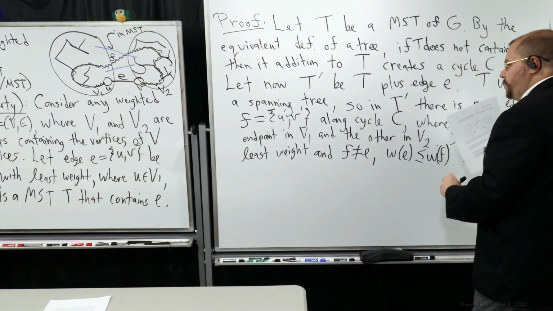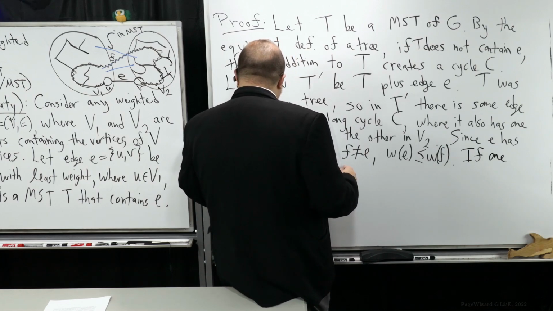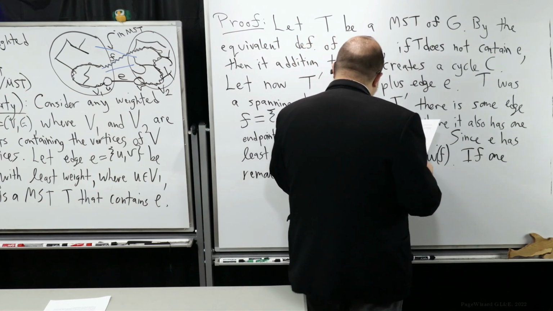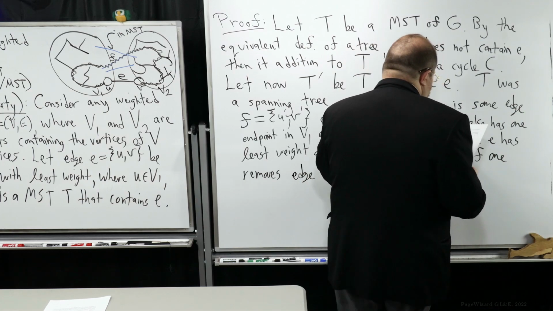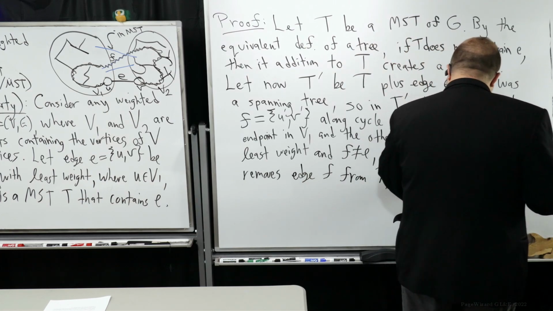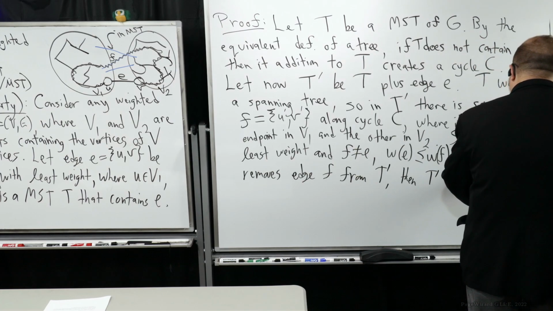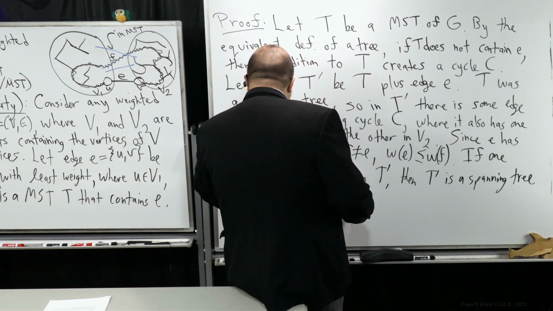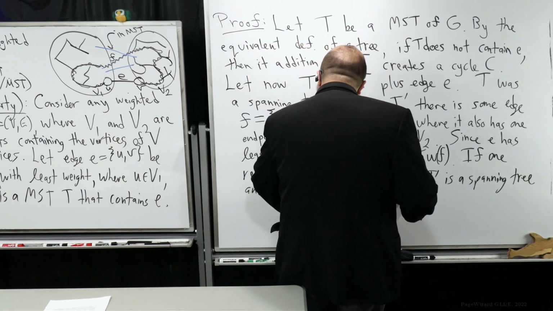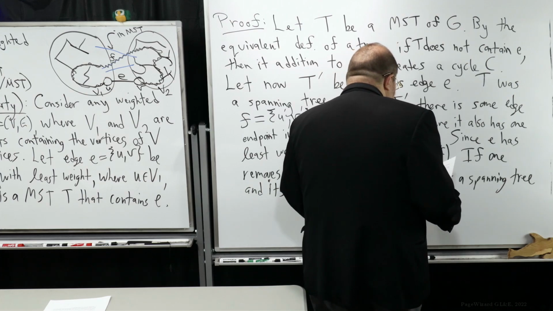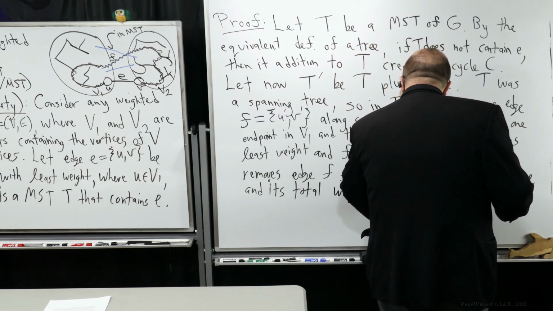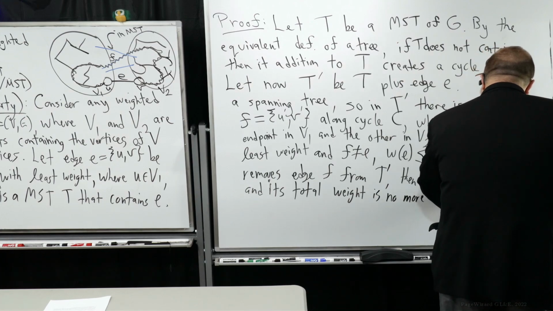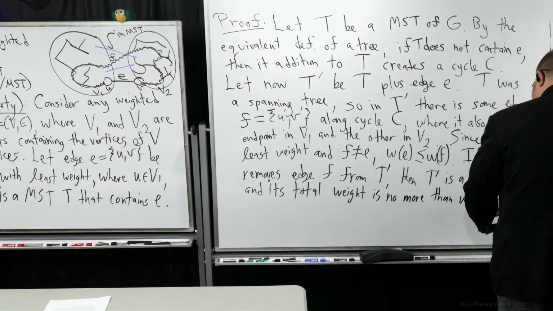If one removes edge F from T prime, then T prime is a spanning tree, and its total weight is no more than that of T. So the total cost has either gotten better or it's the same, right?